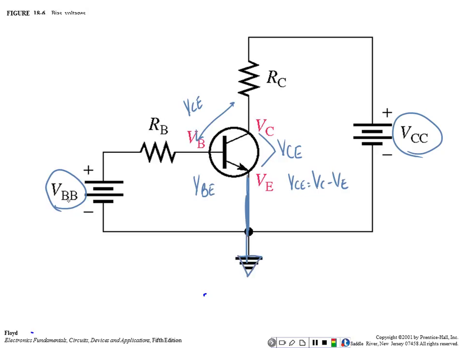So notice here, look at the difference. This says VBB. This says VBE. So if they give you two lead names, then that's the voltage across those leads, right? If we give you two letters that are exactly the same, then that's going to be relative to a power source.